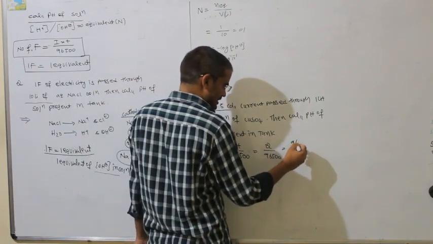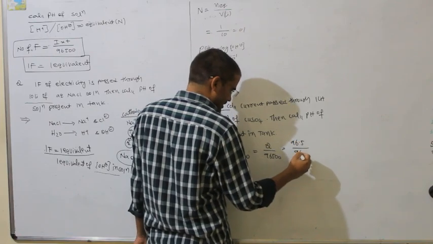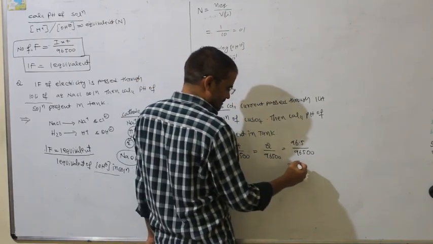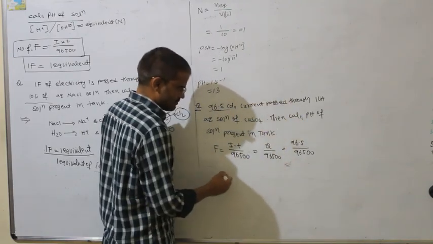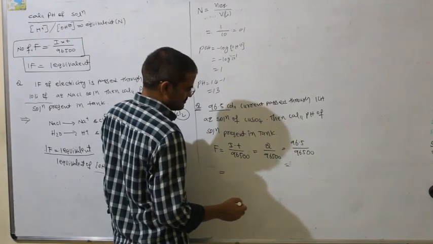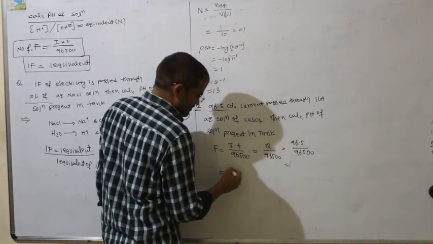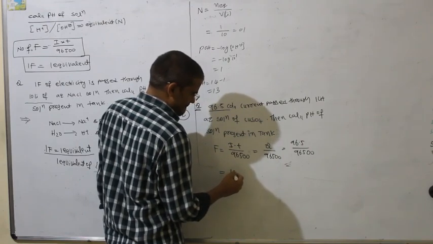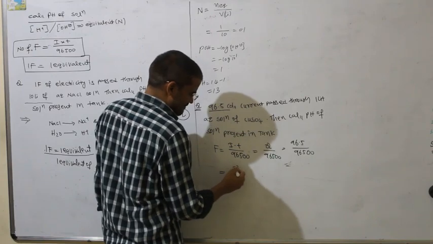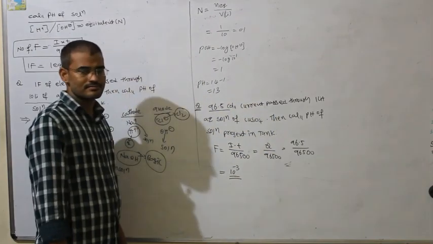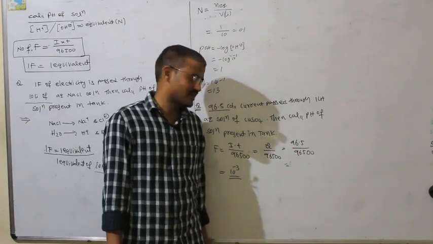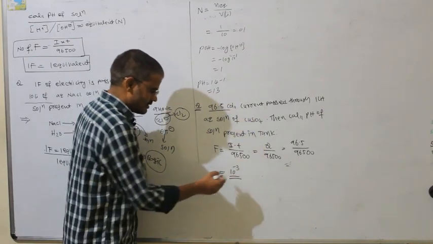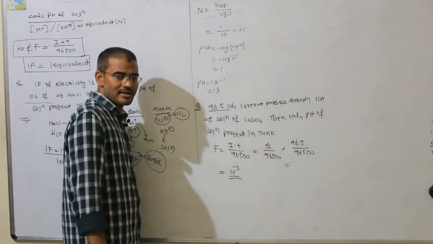So it is 96.5 by 96500, which becomes 10 power minus 3. So these are the Faradays you supplied.